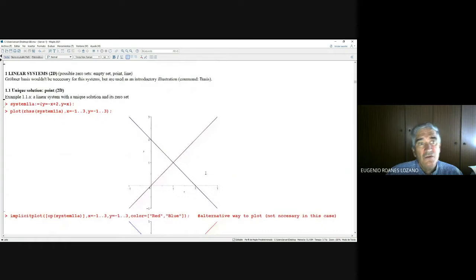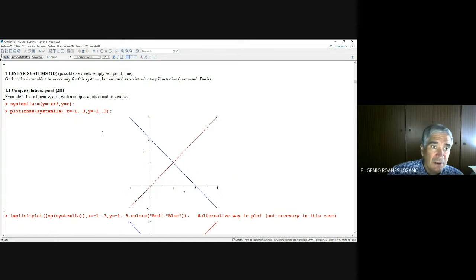So if we consider linear systems, that is sets of linear equations, what we can get as zero sets is the empty set, points or lines in the 2D case, plus planes in the 3D case. The system can have a unique solution, can have a point as solution.